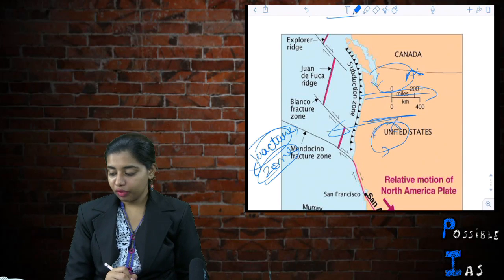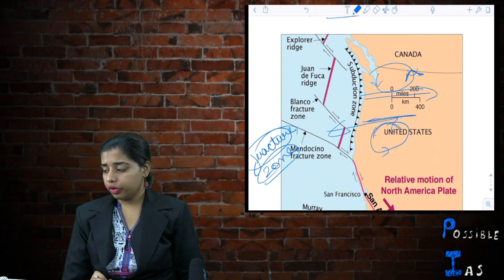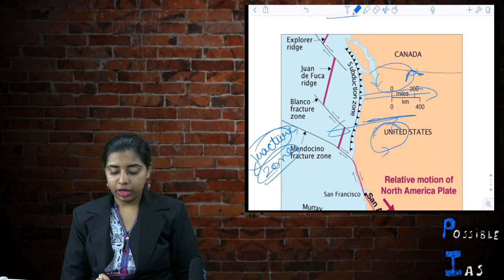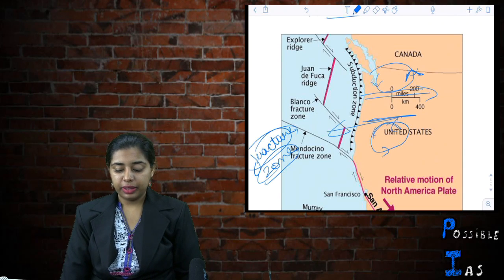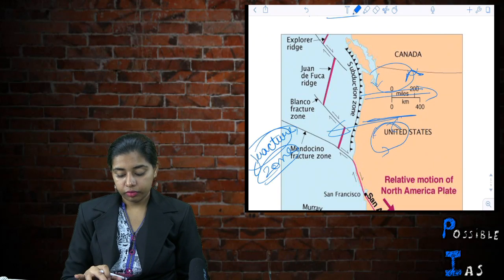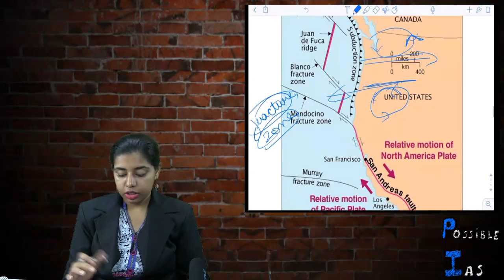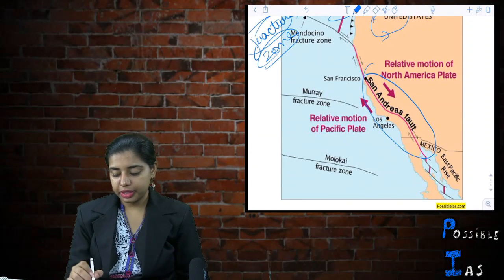So when among the fracture zones there is movement in the Earth's crust, and such plate boundary interactions are known as transform fault boundaries.